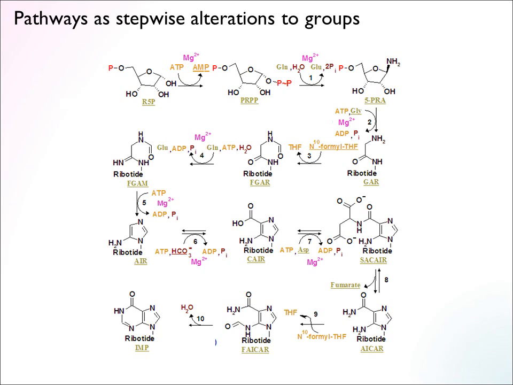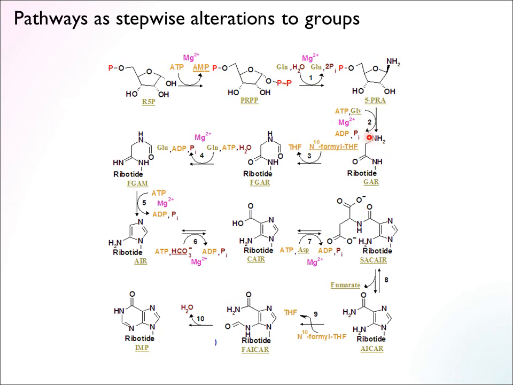So for example, after synthesizing this phosphoribosyl thing, the sugar with a bit of phosphate on it, what happens is that you add on an amine group. So that happens here. Everything else stays the same between these two, but you add on an amine group. After that, you add on a whole piece of an amino acid, the glycine, and you form this little part attached to the amine group.